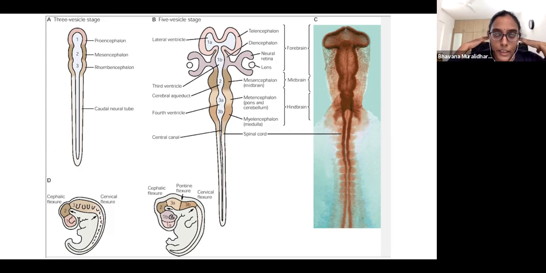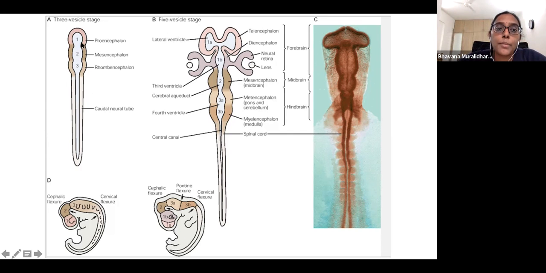This is then followed by the midbrain, and I'll come to the other regions in the brain in a bit. So the forebrain, followed by the midbrain, followed by the hindbrain, and followed by the spinal cord.